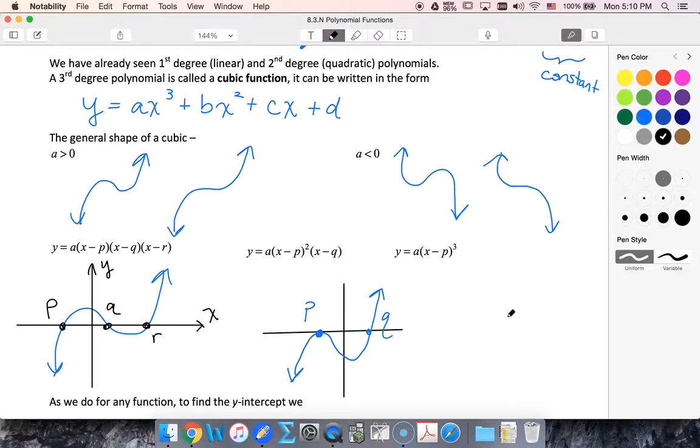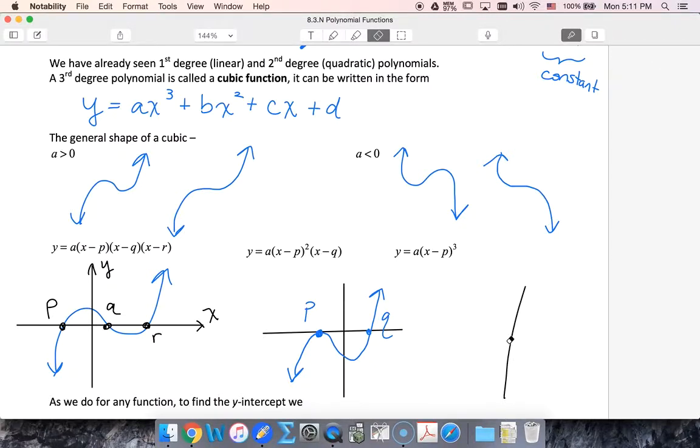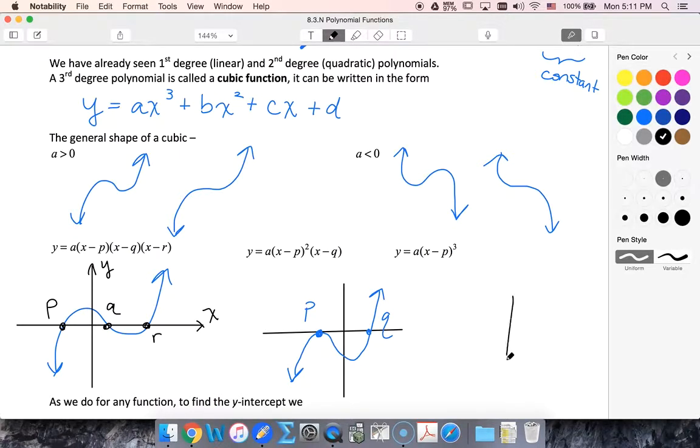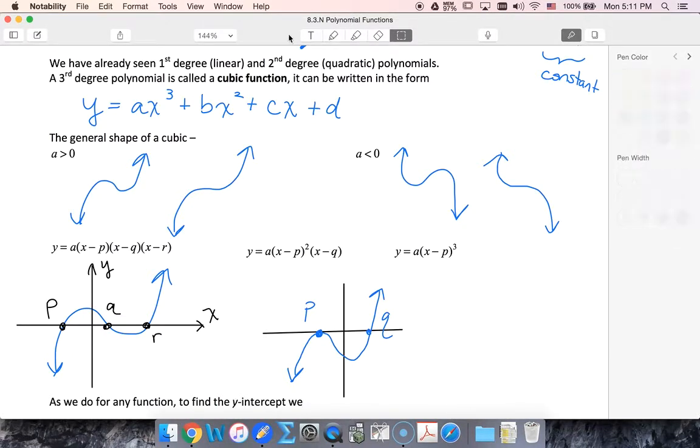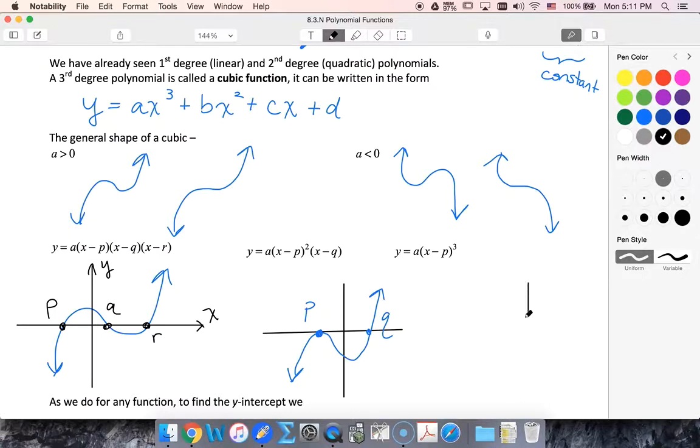So if we repeat 3 times, that's when we get our flat bit coming through.